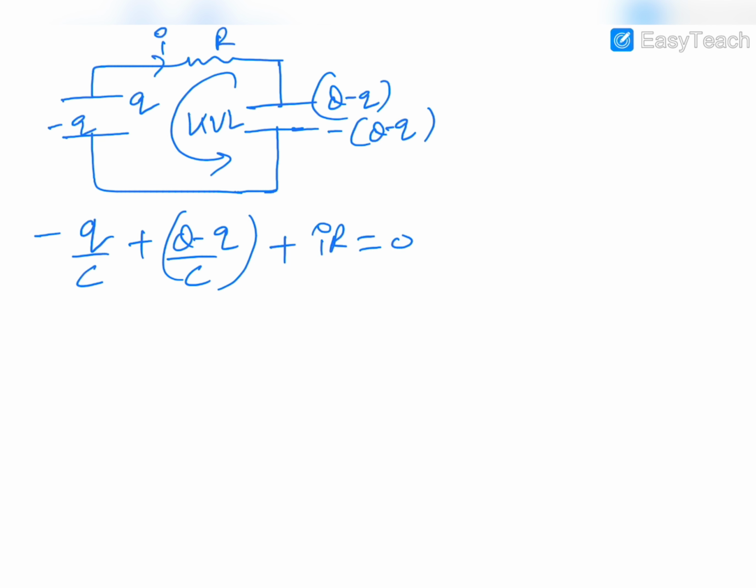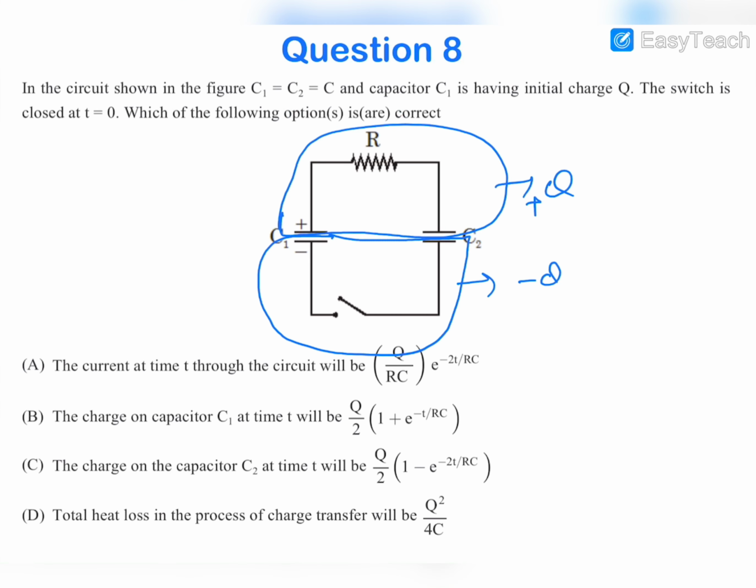Okay, so this is the equation, and IR will be equal to, in fact IRC will be equal to 2q minus Q. Okay, now you know that initially current was 0, and as soon as switch is closed current will start to flow, and again after infinite long time the current will become 0.